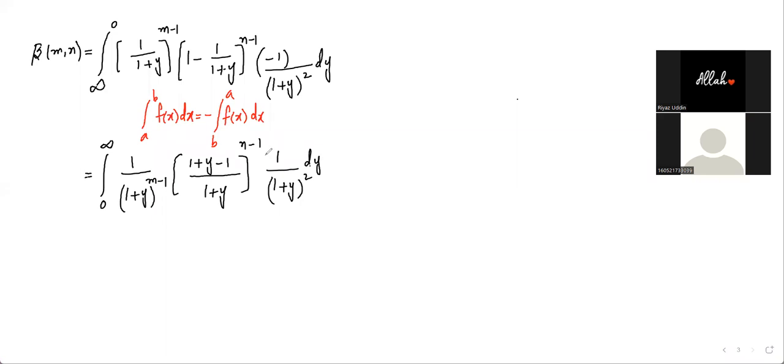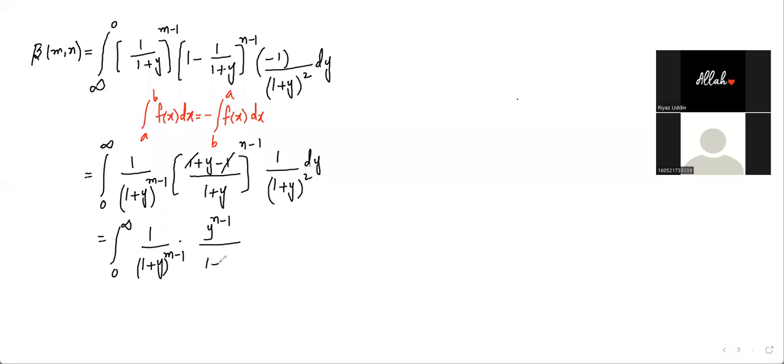Now the same story again, the n minus 1 power we apply for numerator and denominator, and the plus 1 minus 1 signs are cancelled here. 0 to infinity, 1 by 1 plus y whole to the power of m minus 1, into y to the power of n minus 1 as it is, denominator 1 plus y whole power n minus 1.